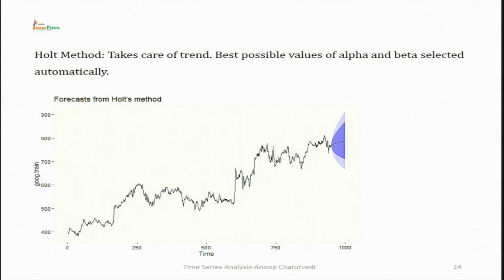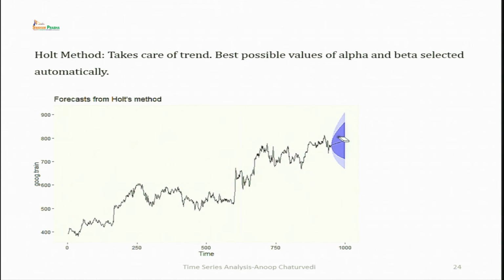Then I have used Holt method for forecasting purpose. So, Holt method assumes that the time series has trend, but it does not take care of any seasonality present in the data. Again, the best possible values of alpha and beta are selected automatically.